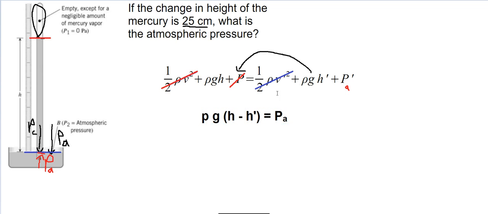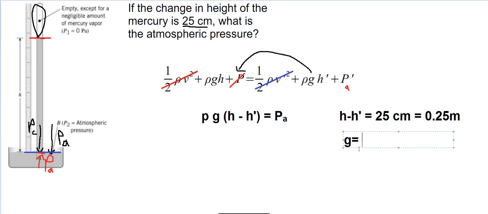Now, when it comes to filling this in, we can fill this in quite easily. The difference in height between these two points is the 25 centimeters that we've been provided with, or alternatively 0.25 meters. As for g, in this particular equation, g is just a short form for the magnitude of the acceleration due to gravity, which is 9.8 meters per second squared.